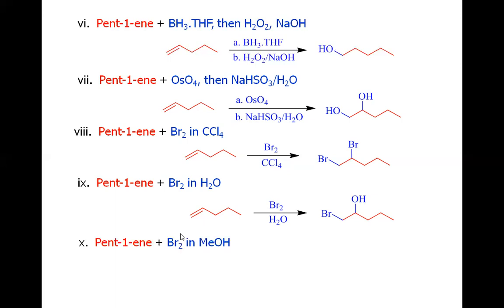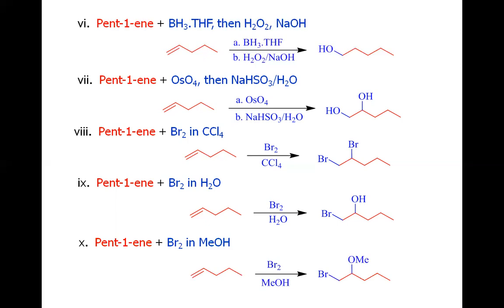And in the 10th reaction, we have again the pent-1-ene and bromine, but this time the solvent is not water, but methanol. So you must be expecting that this time the OH will be replaced with the OMe, the methoxy group. And yes, we have the replacement of OH with the methoxy group. Again, the mechanism tells the complete story.